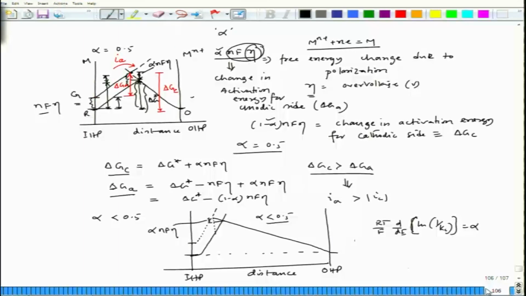In this case one more thing, see now this is my total free energy change, and out of that a small fraction, because alpha is less, the small fraction is contributing to the activation energy for delta G C, whereas in a similar way we can have activation energy change for anodic side.